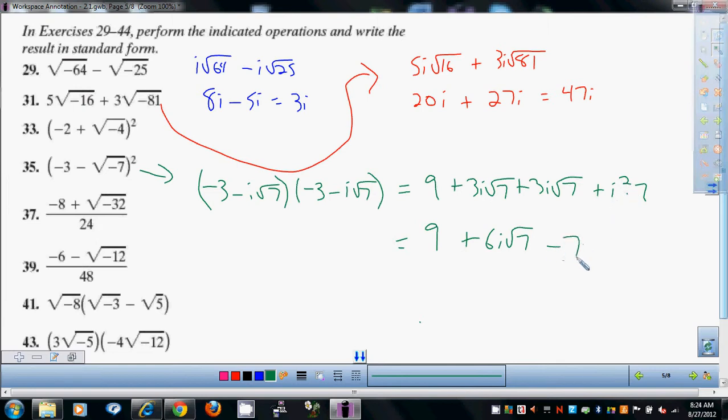So that makes this minus 7, making the whole thing 2 plus 6i radical 7. I believe standard form is real and then imaginary, so I don't care when I'm grading your homework, but you should know that maybe for a test, your real portion comes first. Questions on that one?